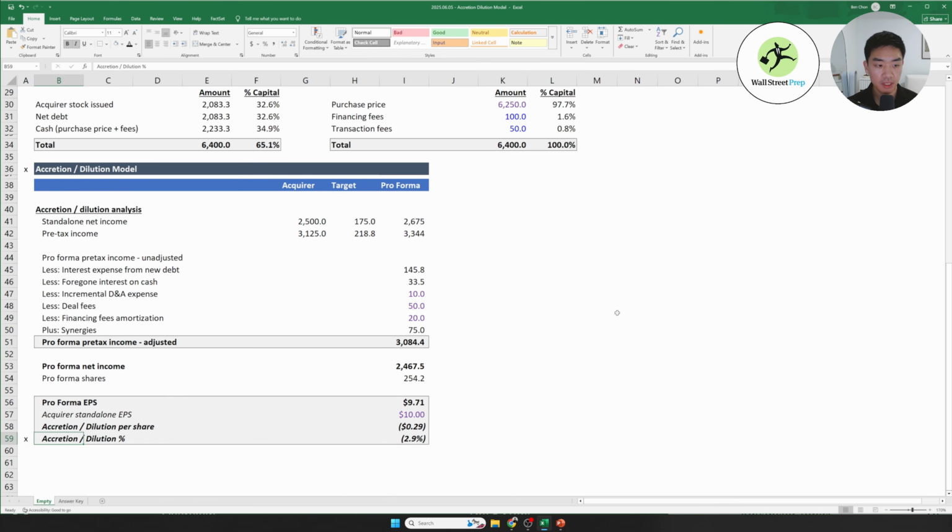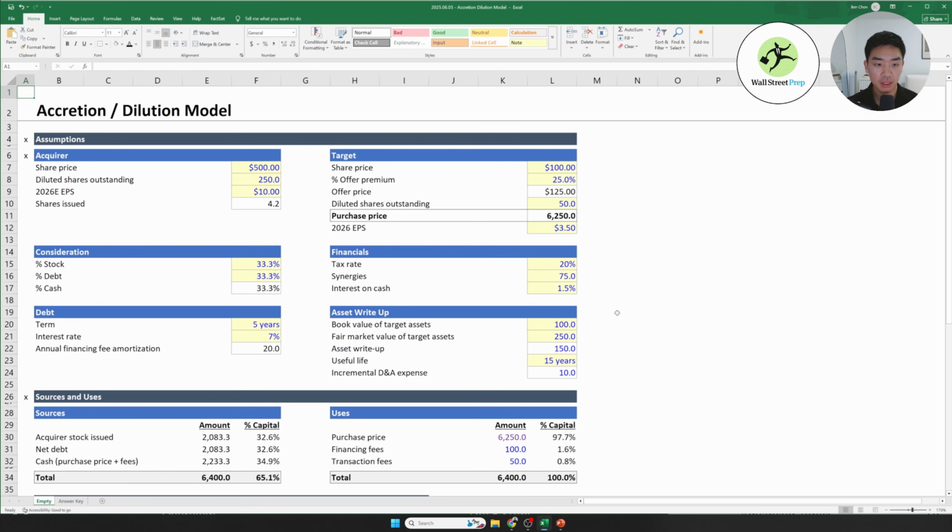And I think what's important to also note is, how do my assumptions really affect my transaction, right? So let me actually add a reference here of accretive or dilutive, and let's see how the assumptions affect everything.